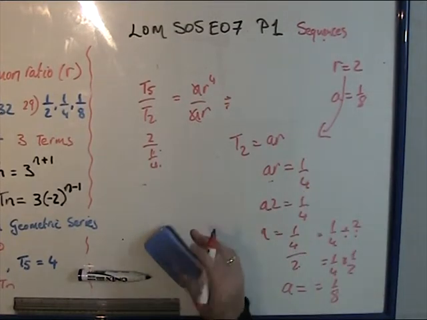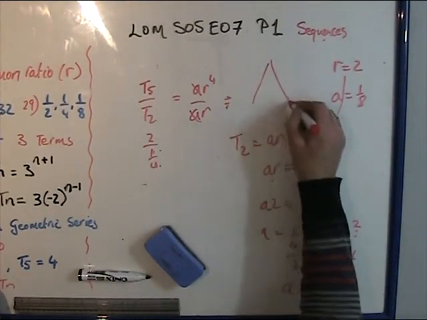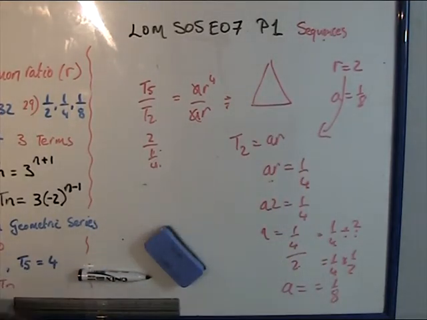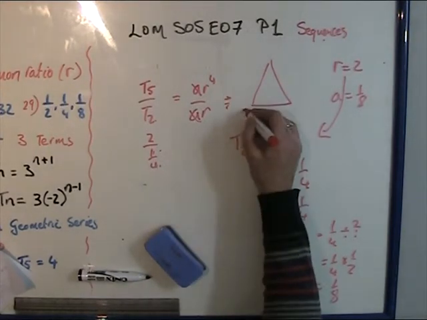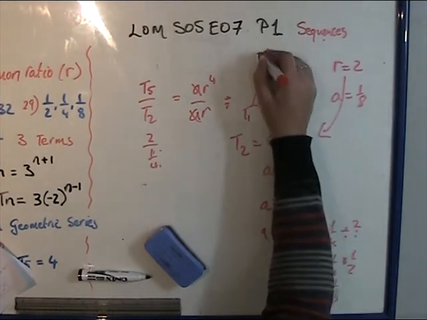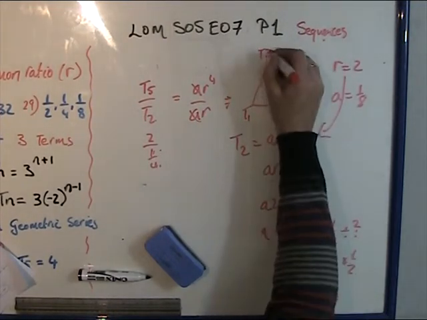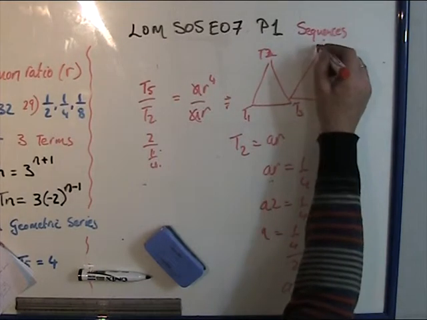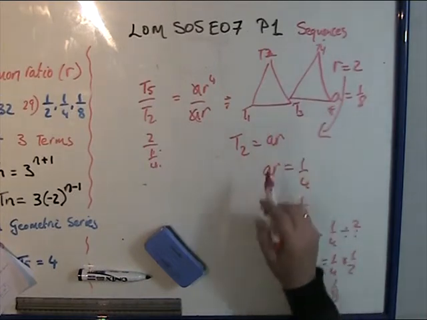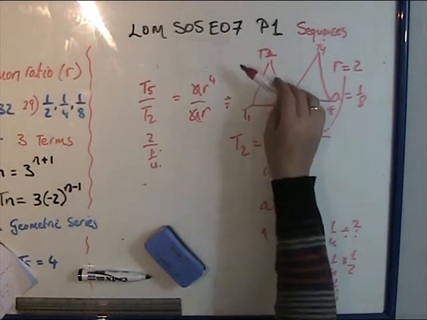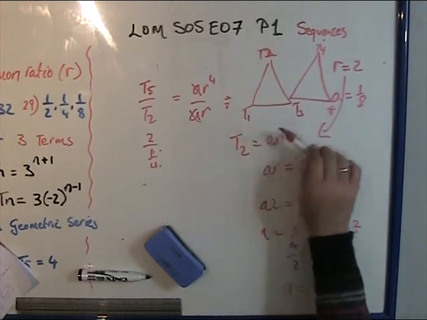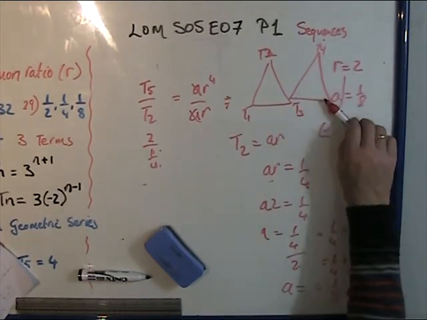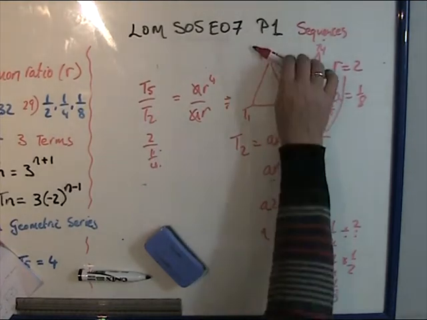So let's get back to what I was doing earlier. If I get in the habit of drawing a triangle, I will know that if I have T2, T3, T4 and T5, these terms keep going along, and T5 divided by T2 is what I have.